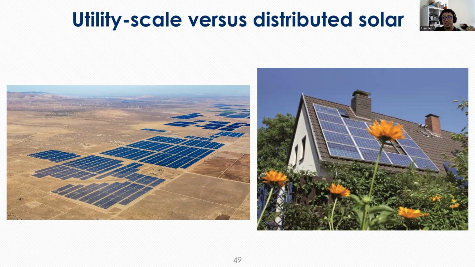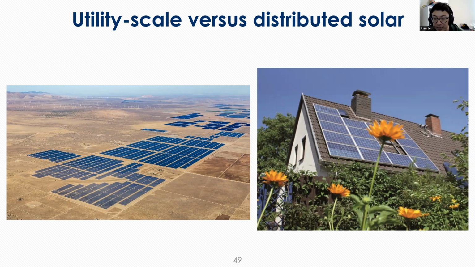So on a utility scale, typically we can choose to locate these solar farms out in places where you're going to have the best sunlight, right? As opposed to distributed, where you build them where people live, which may or may not have great sunlight. So typically you're going to have higher capacity factors with the utility scale.